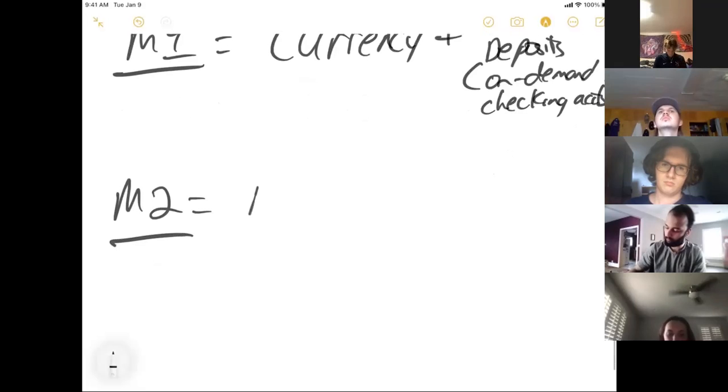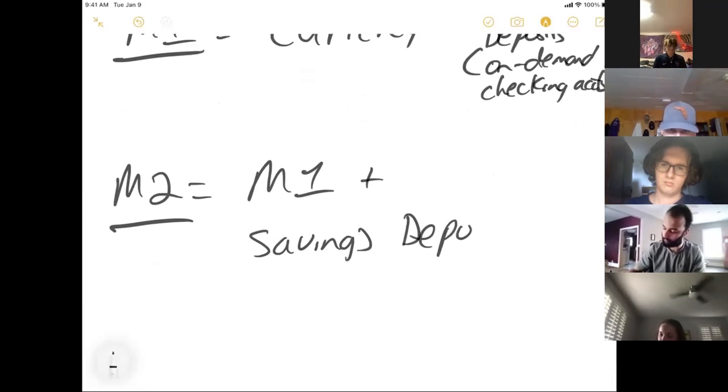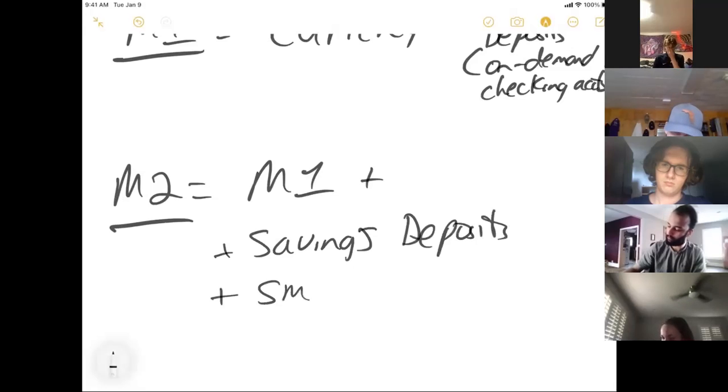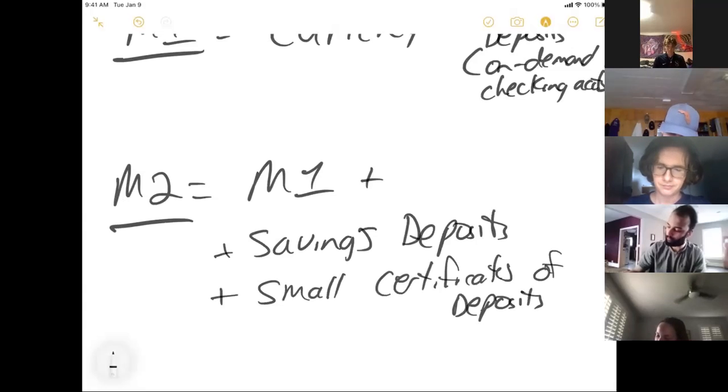What's M2 then? M2 is everything in M1 plus some things that are very close to being in M1. Savings deposits at banks. Small certificates of deposit.